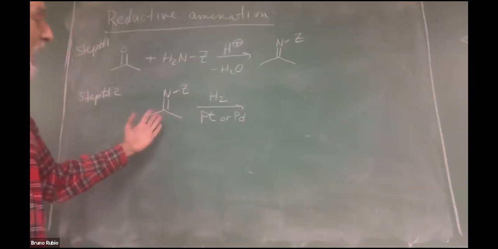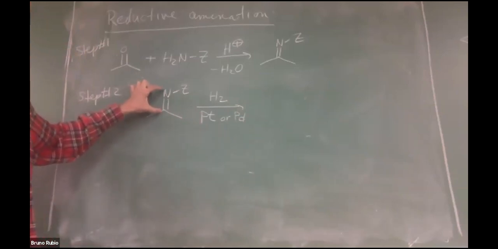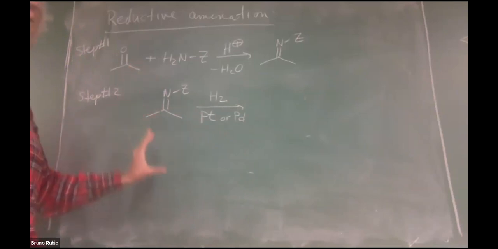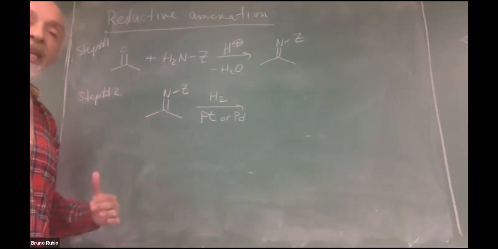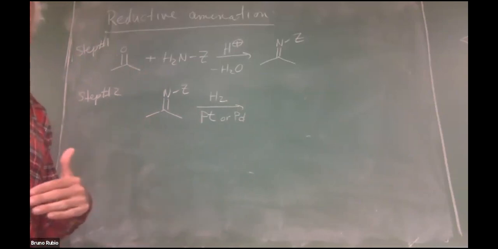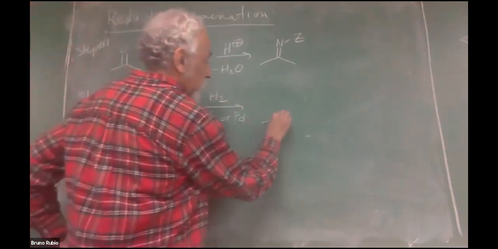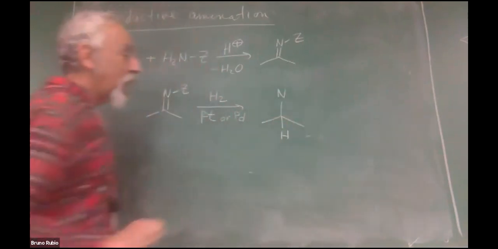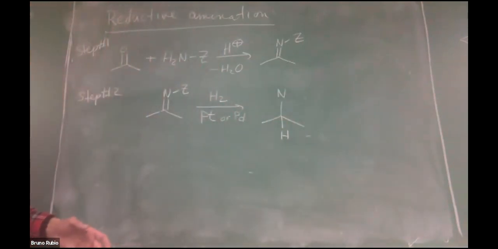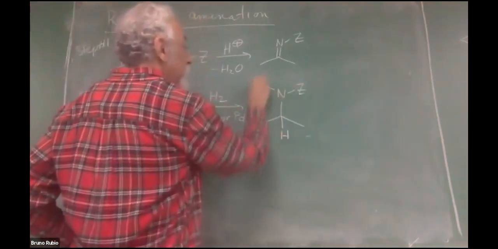So what is going to happen in reductive amination is the carbon-nitrogen double bond of the imine will be reduced to a single bond, and the elements of hydrogen will add across where that double bond used to be. So we get hydrogen at one end of where the double bond used to be, and the second hydrogen on the other end.